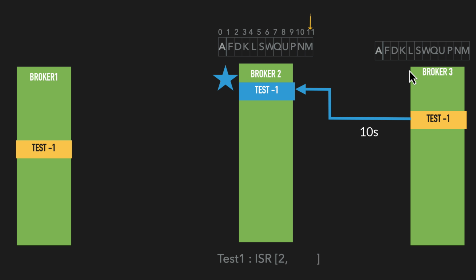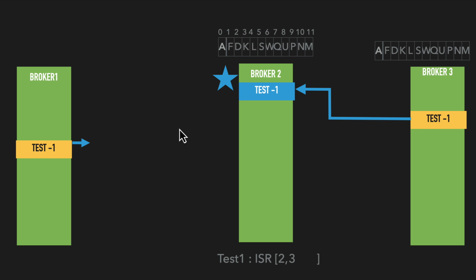And if that happens, then the leader can maintain the broker with the follower replica in the in-sync replica list, or the ISR list. So if the leader goes down, we can be very sure that this replica is almost caught up, and we can safely use it as a new leader because it's the most up-to-date replica that we have.